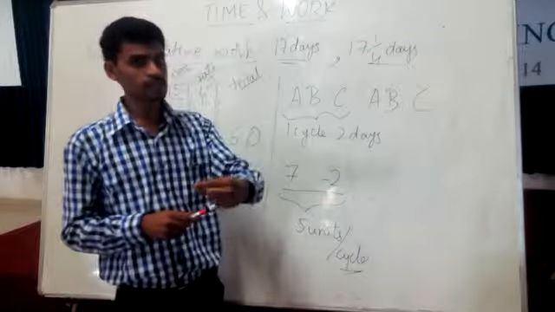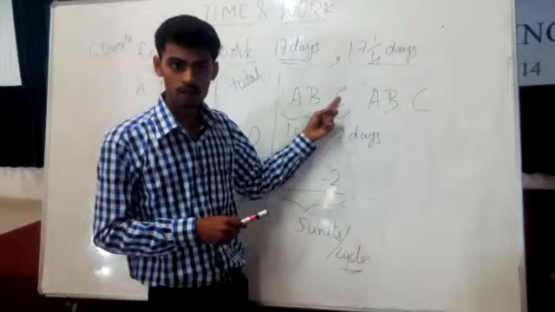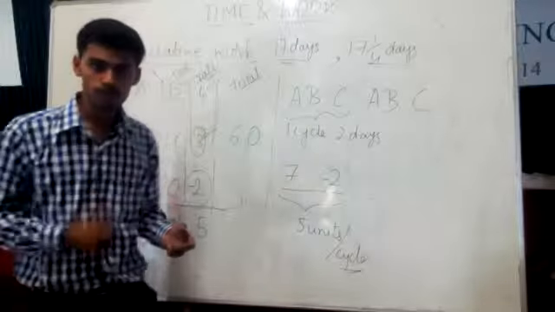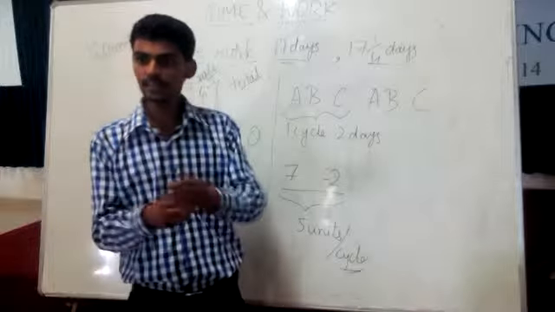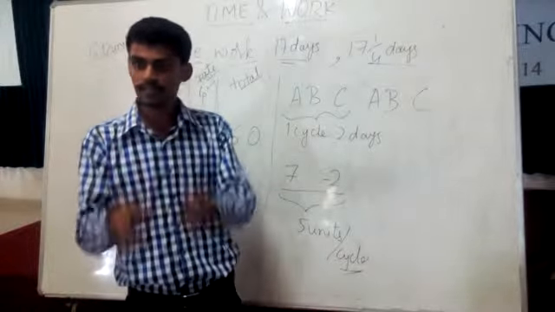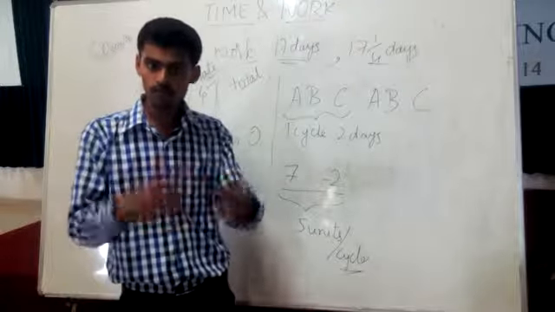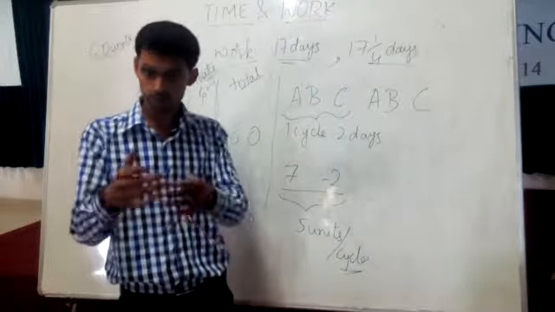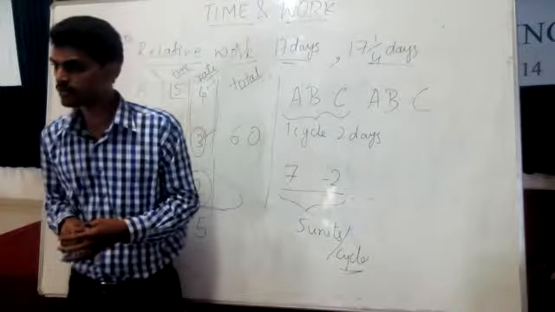The 12th cycle ends with C, a person who removes some number of bricks. It means that at the end, you remove some bricks, and then the number of bricks required are there. What does it mean? Before removing, on the previous day, there were more than the full number of bricks.